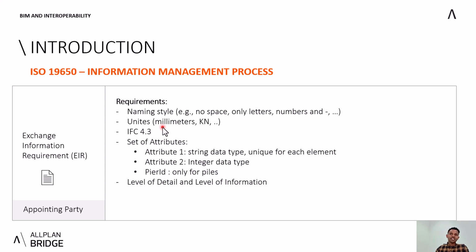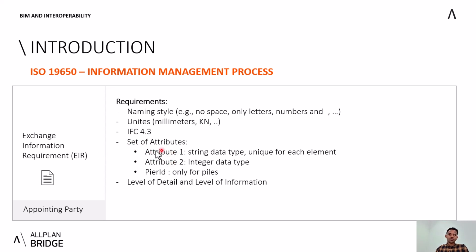Or maybe they could say, okay, we need IFC 4.3. Since this has now become kind of the new standard for infrastructure projects, they could have set this as a requirement. And from their lessons learned, maybe from previous projects, they have learned that, okay, adding attribute 1 and attribute 2 are necessary.